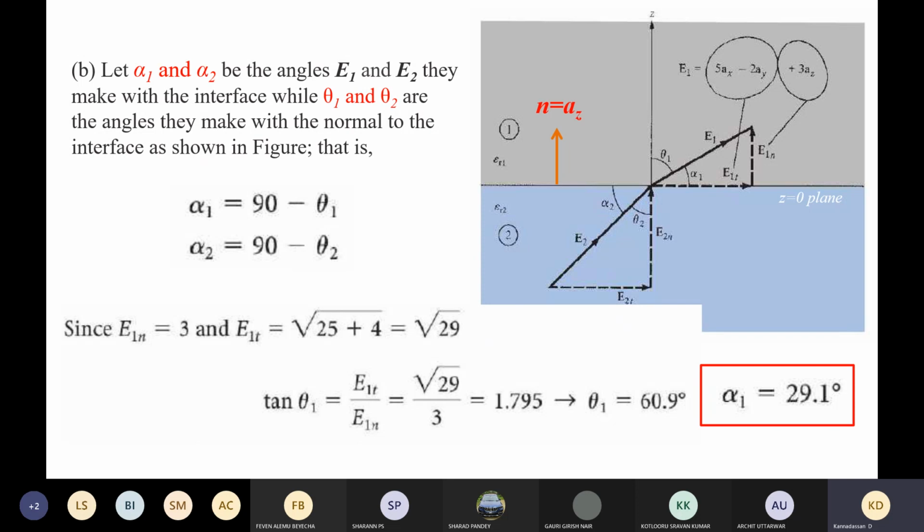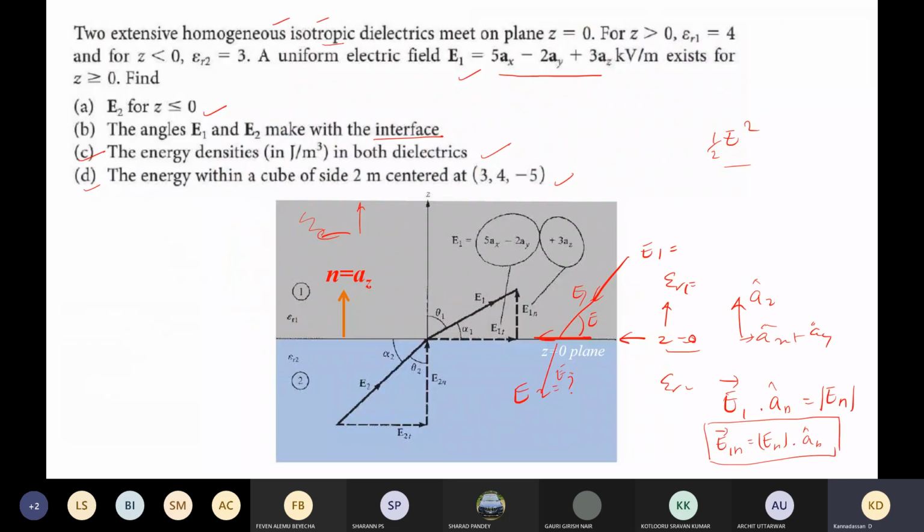Now the second calculation we are going to do is to calculate the angles created by E1 and E2 with respect to the interface. Here the angles created with respect to the interface are assumed as alpha 1 and alpha 2.